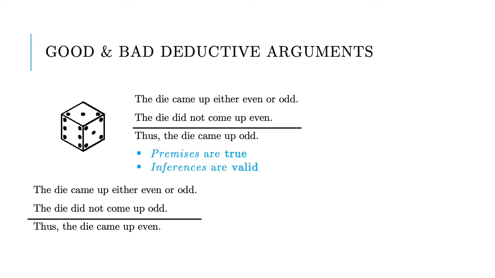If in fact the die did not come up odd, and the die came up either even or odd, it must have come up even. It is simply that the second premise, the die did not come up odd, is false. Hence, this is a bad deductive argument not in virtue of an invalid inference, but merely in virtue of having a false premise.